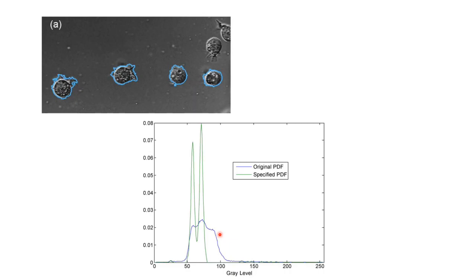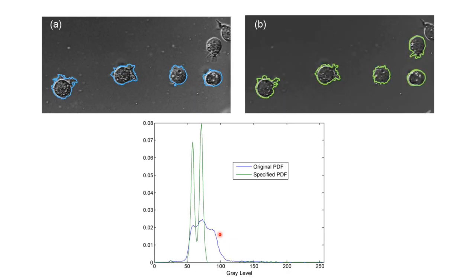So the idea here is to obtain an image with a histogram specified as the green one, where we can see two peaks. There are actually two Gaussians located where the original peaks are, and the modification to the image is like the one I'm showing you on the right. And notice how the segmentation is improved.